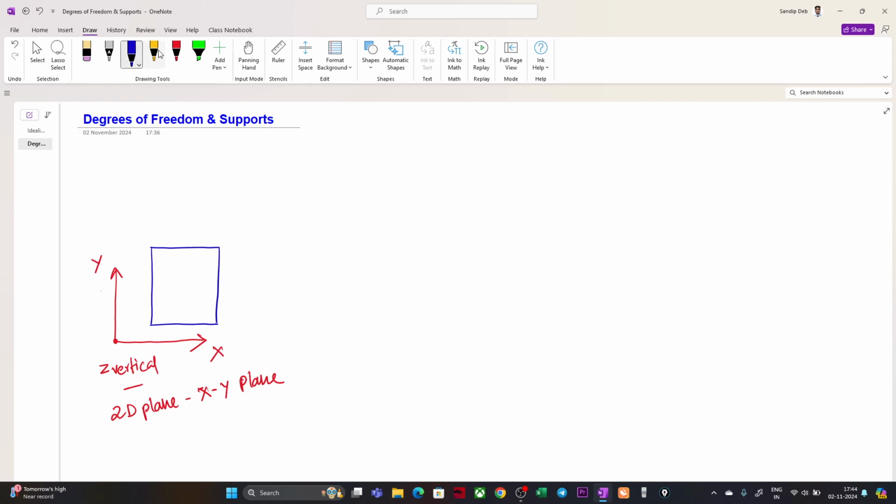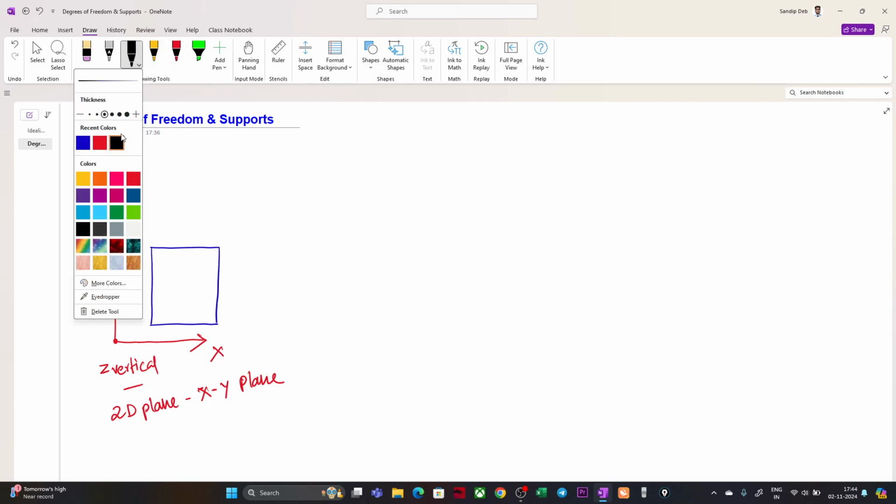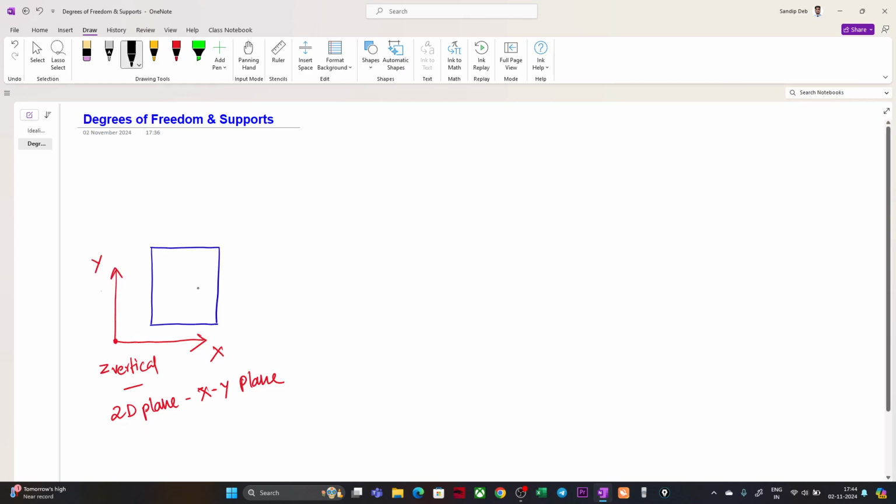You can easily understand that we can move this whole system along the x direction, so we can say translation along x direction.